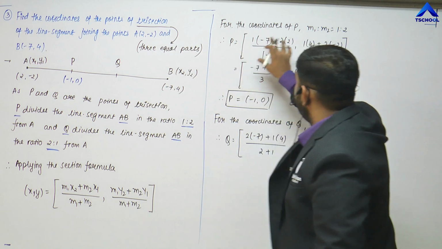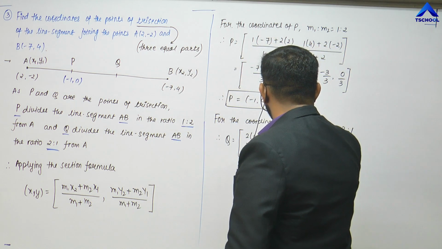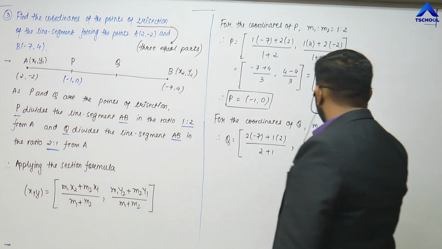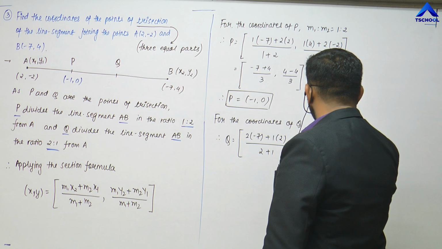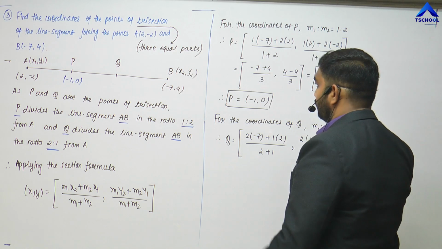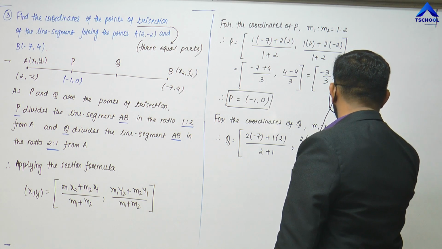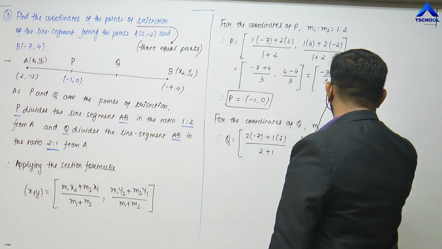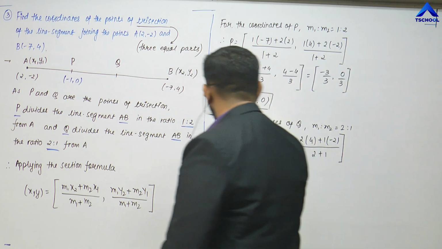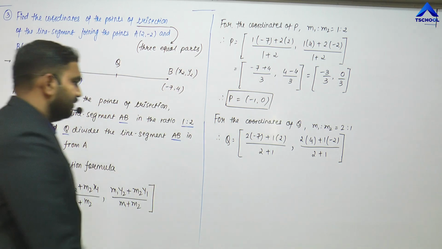So 2 into minus 7 plus 1 into, sorry, not 4, 2, I made a mistake here, 2 upon 2 plus 1, and 2 into y2, that is 4, plus 1 into y1, minus 2, upon 2 plus 1. So this is how you apply the formula. Check it.